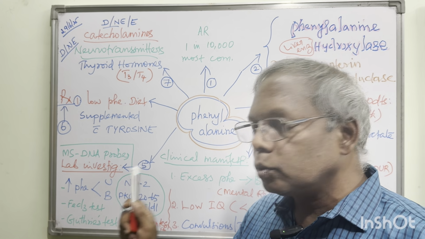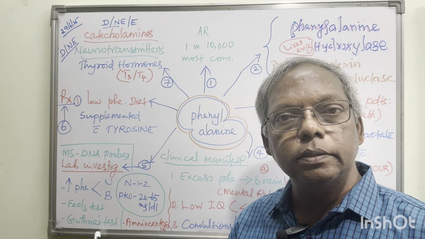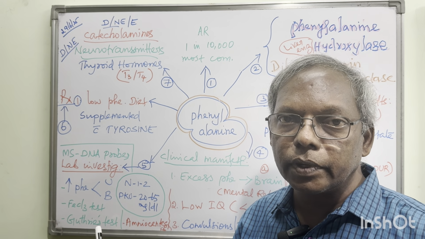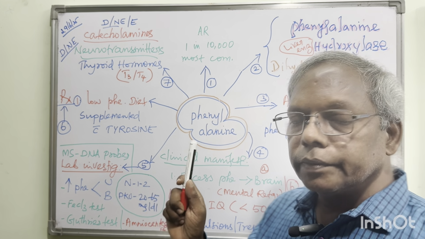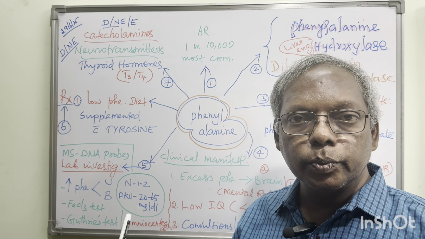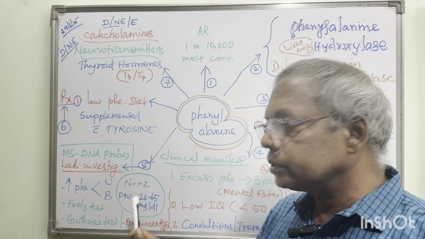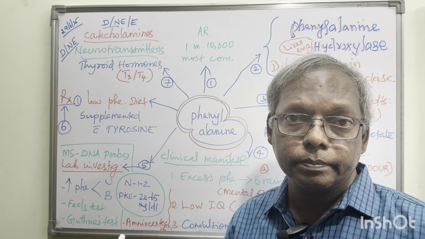Second, these two are the screening tests: ferric chloride test and Guthrie's test. Ferric chloride test and Guthrie's test are the routine screening tests for all the prenatal diseases. Here the phenylalanine normal level is 1 to 2 milligram per deciliter, whereas in phenylketonuria the level goes up to 20 to 65 milligram per deciliter.